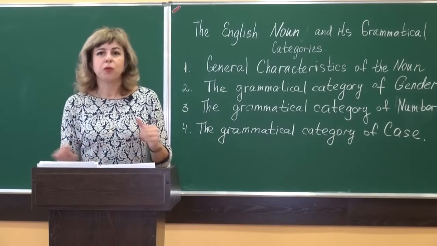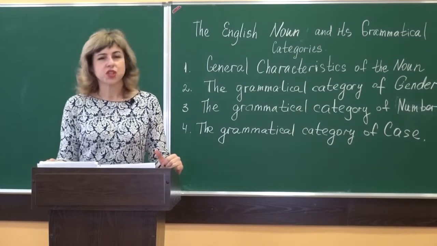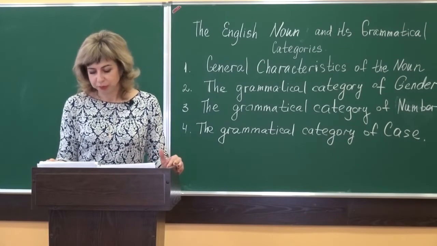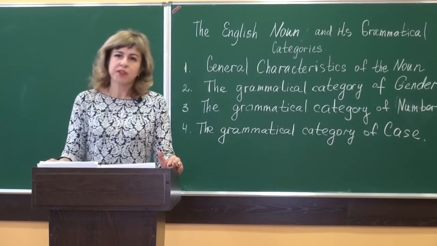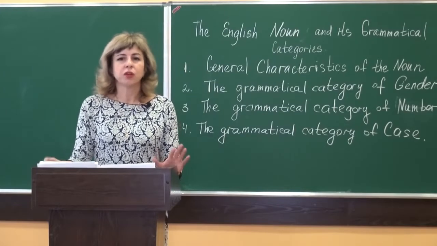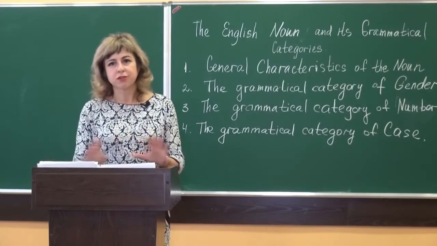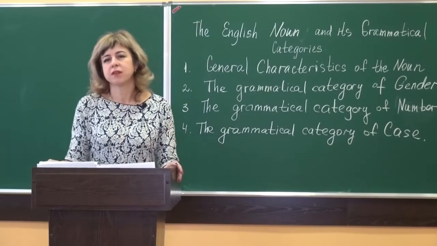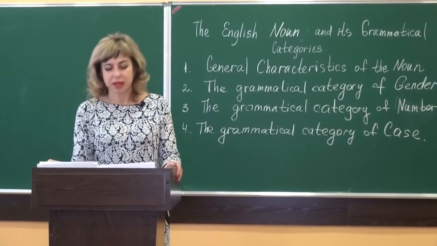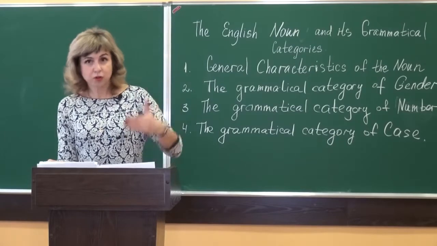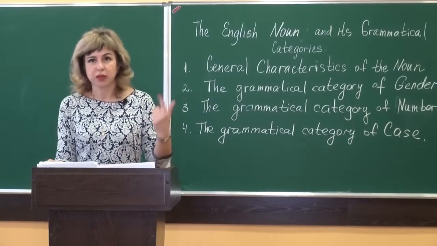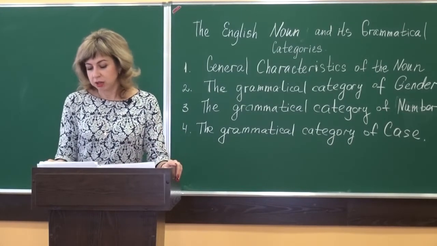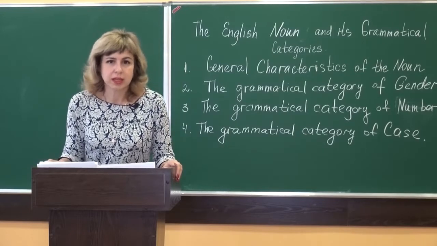Now let's talk about the weak member of the opposition, which is actually the singular form. The singular form of the noun is also not homogeneous. It is a heterogeneous concept which also unites some syntagmatic variants. The first one, of course, is singularity, which means one object. The second is uncountability.